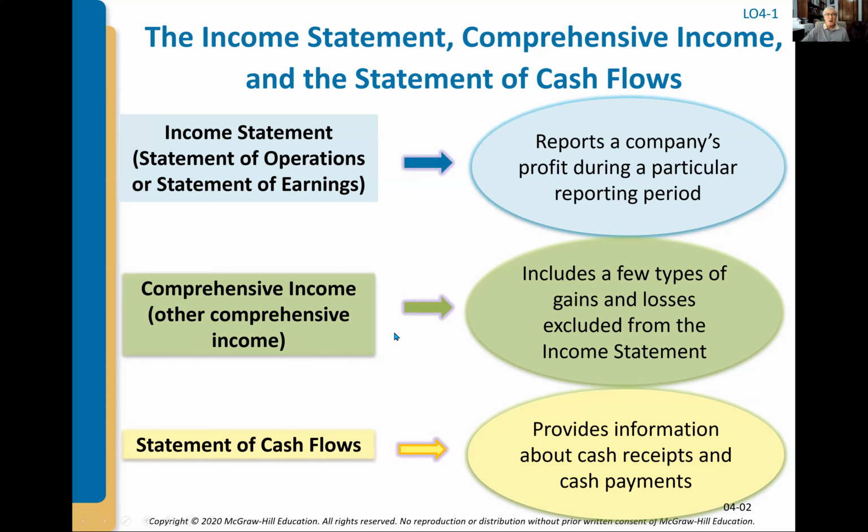We may touch upon it later, but there are areas where we want to get the balance sheet correct, but the GAAP rules may not want us to record the change on the income statement. There are various rules that come into play, and if we did report those in the income statement, it might be misleading or might overshadow the profits of the company. So we put these items in equity, in comprehensive income.